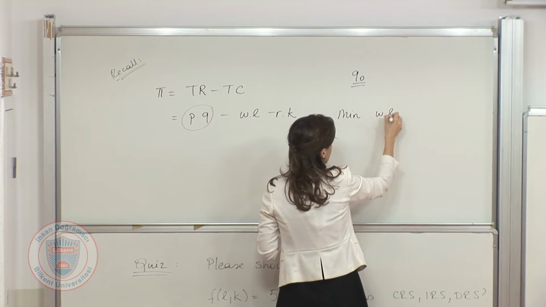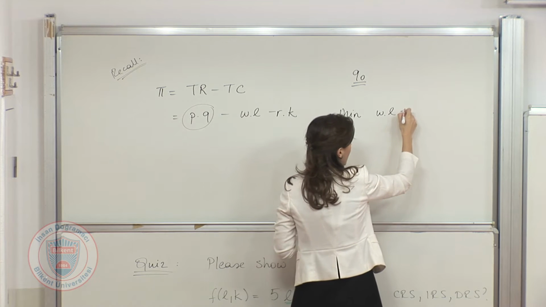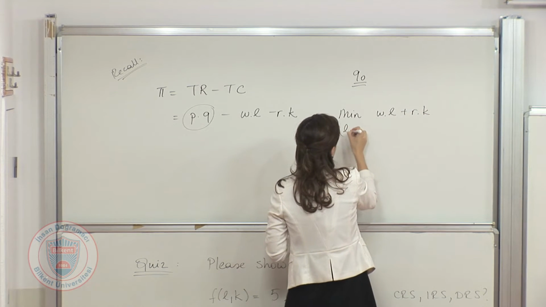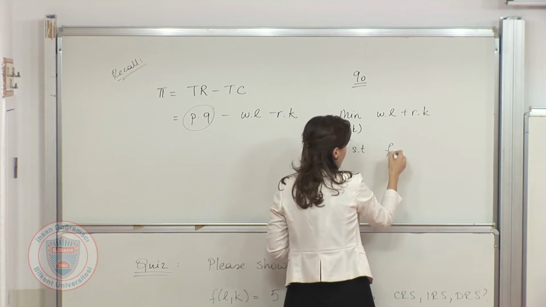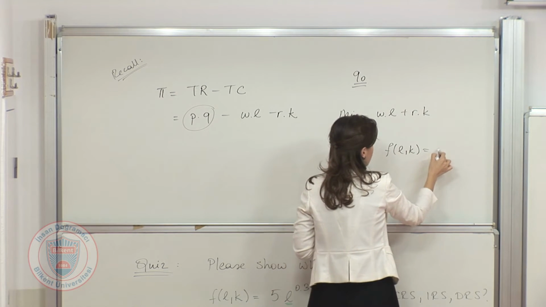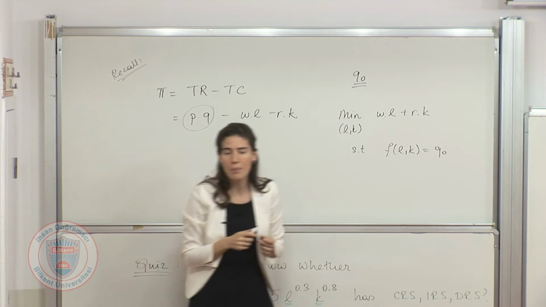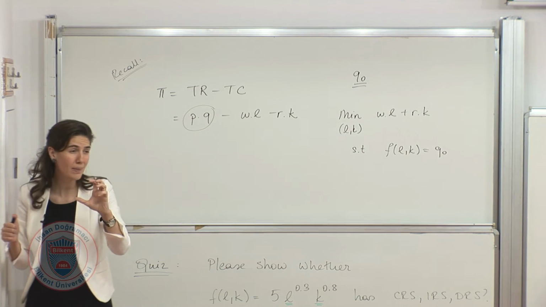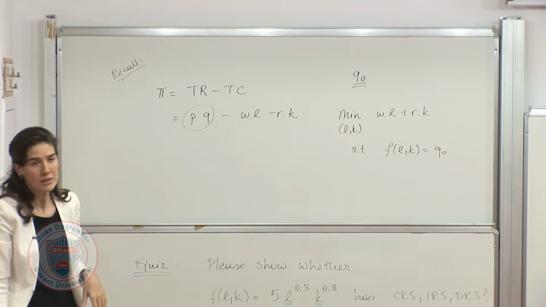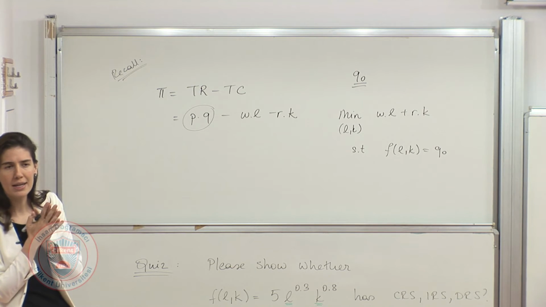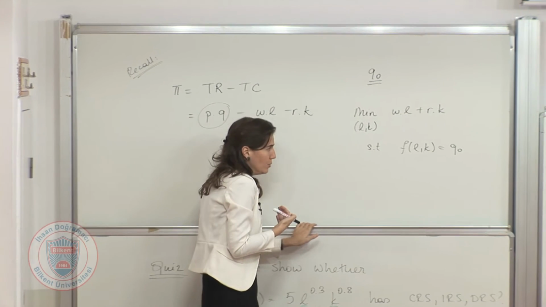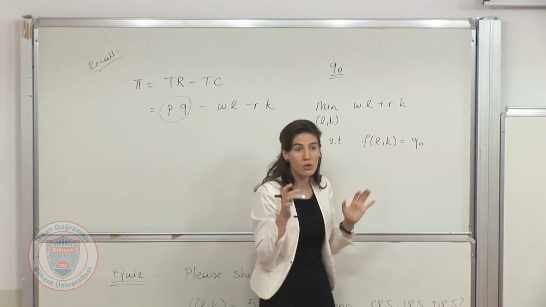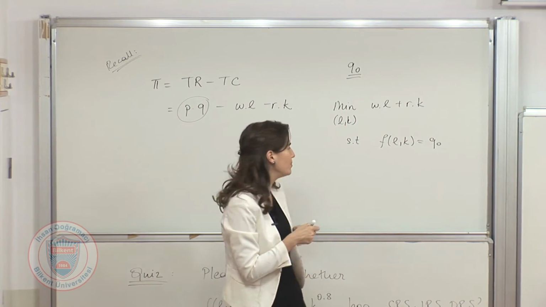So that's basically minimize wage times L plus R times K, subject to F of L, K equals Q0. So you want to produce a certain amount, but you would like to minimize the cost, finding the optimal K and L which minimize the cost of producing that amount, right? So that's what we said.